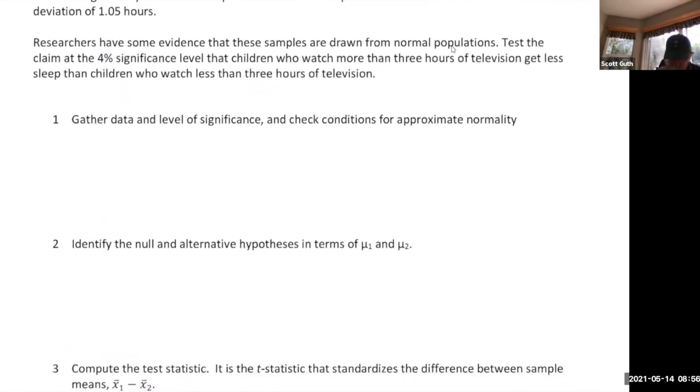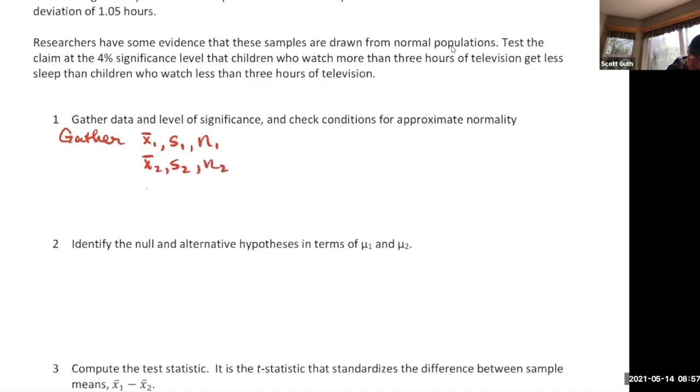Just like all the others, we need to gather our sample data. So we'll need an X bar 1, an S1, and an N1. Those will just be whichever mean and standard deviation are given first. Okay, we're going to need an X bar 2, an S2, and an N2.